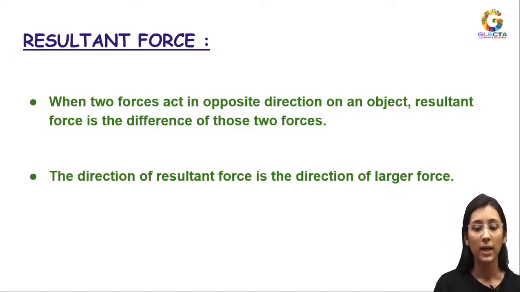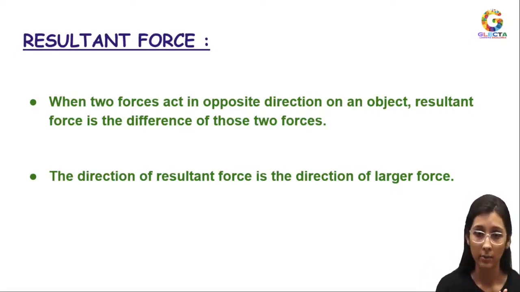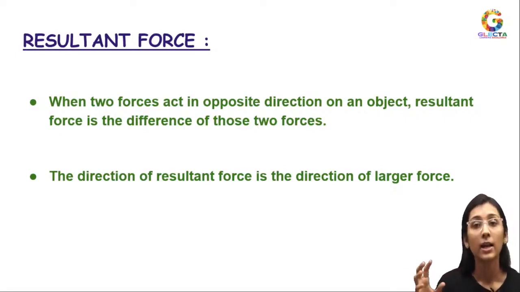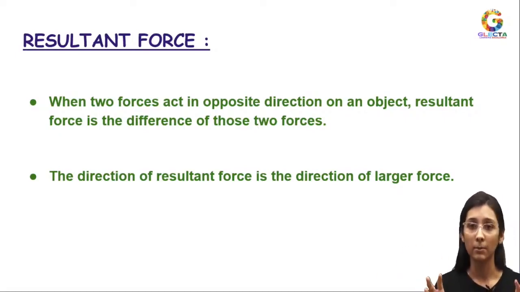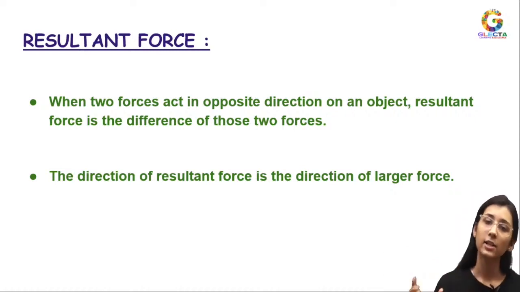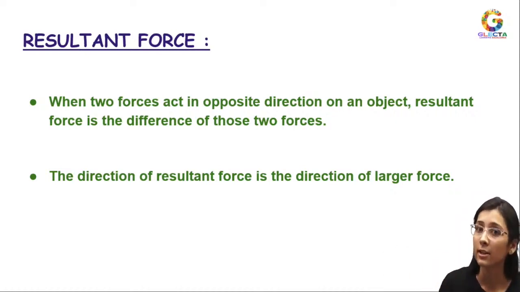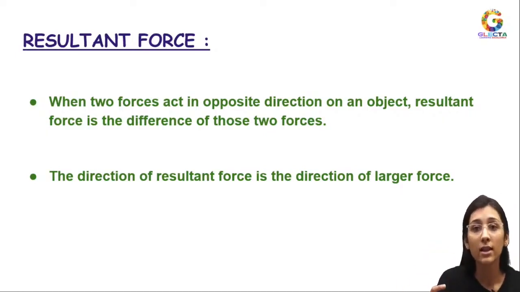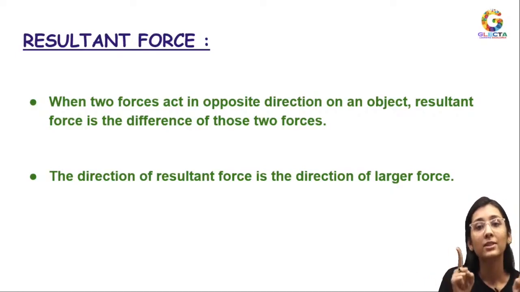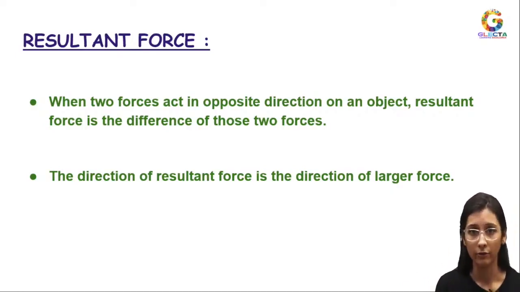Okay, so there is an object, and there have to be at least two forces applied on it in opposite directions. What will be the result of these forces? The resultant force will be the difference of these two applied forces.